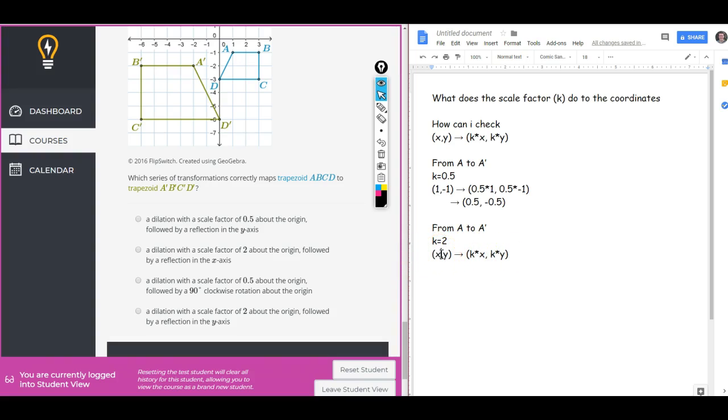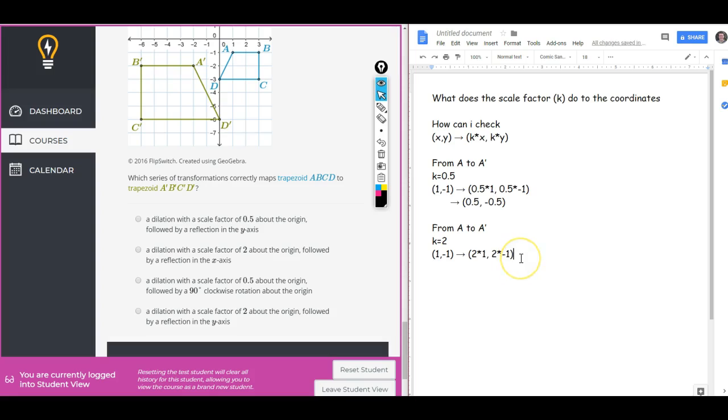A's coordinates, again, are 1, negative 1. So by substitution, x is 1 and y is negative 1. Now k is 2, so I'm going to substitute 2 everywhere k is.